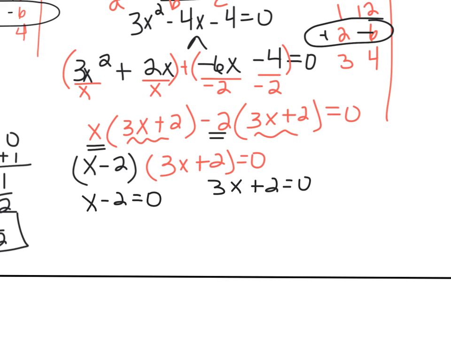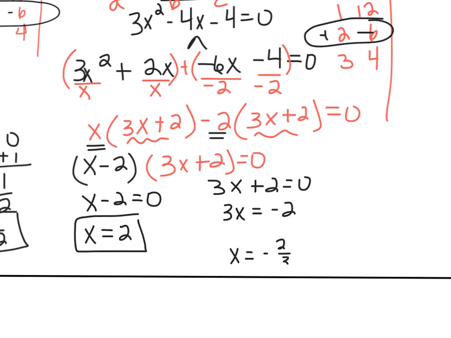For the first one, in order to move the 2 over, I add 2 to both sides. That's x equals 2. For the second one, I move the 2 over by subtracting 2 from both sides. And then divided by 3, I get negative 2/3. So if I were to graph this, the graph would have x-intercepts of 2 and negative 2/3.